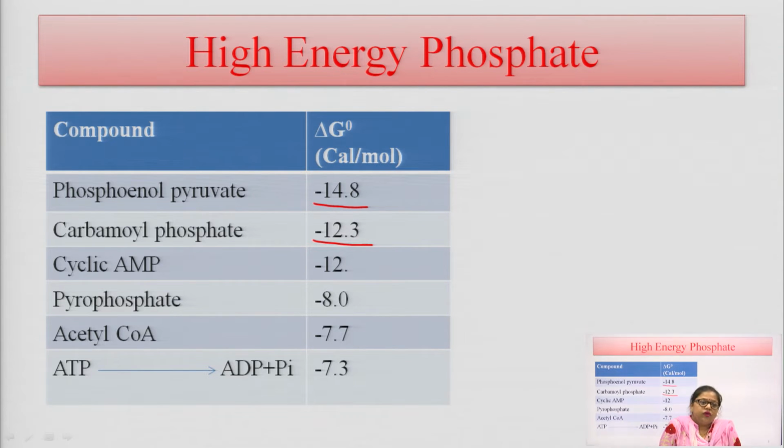The next one is ATP. When adenosine triphosphate is hydrolyzed to ADP, with the release of one phosphate bond, the energy released is minus 7.3 kilocalorie per mole. All these have high energy phosphate bonds responsible for giving energy, and are known as high energy compounds.